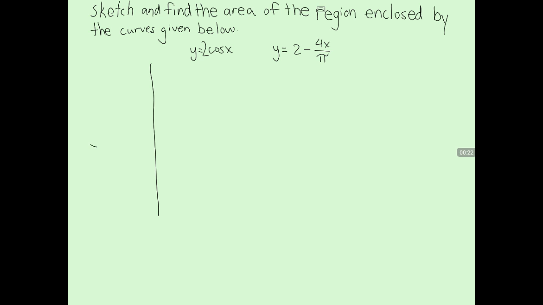We're going to have our vertical and horizontal axes. Hopefully we can make these a little straighter. So let's have our horizontal axis be x and our vertical axis be y. And right now we're just going to draw cos x, or rather 2 cos x. And this is going to be a sinusoidal function.